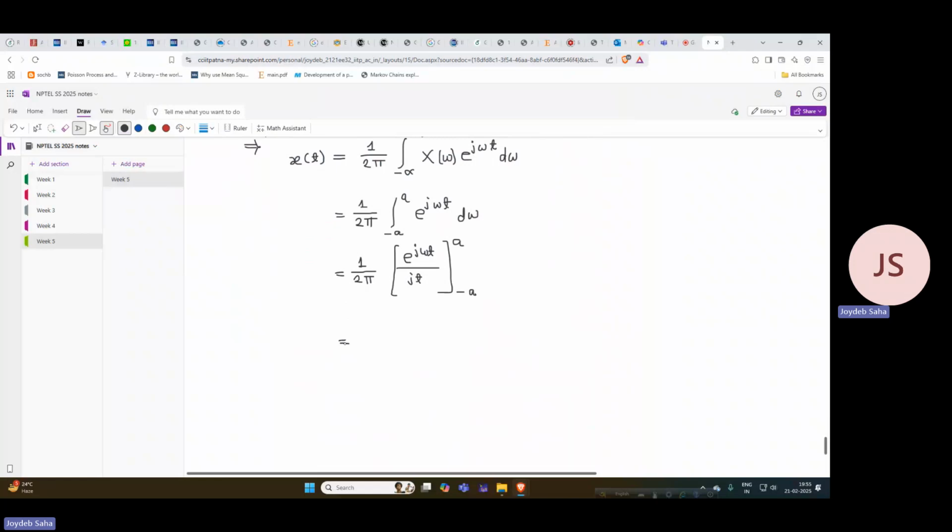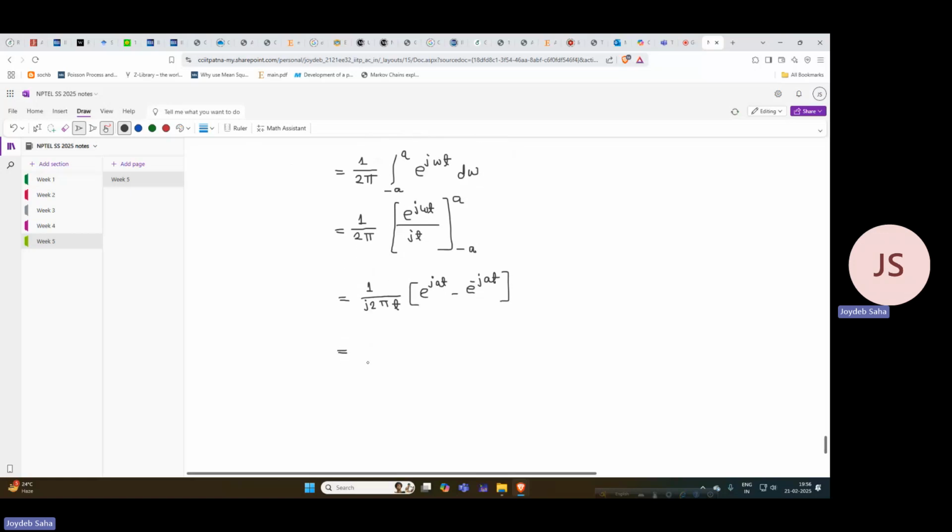This equals 1 upon j 2 pi t times e to the power j a t minus e to the power minus j a t, which is equal to 1 upon pi t into sin at.